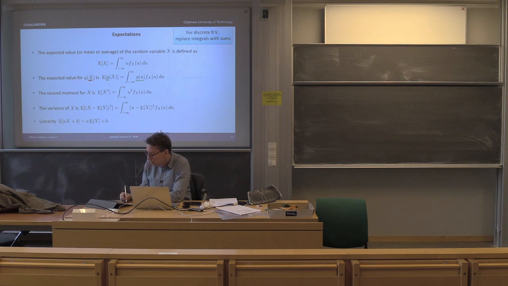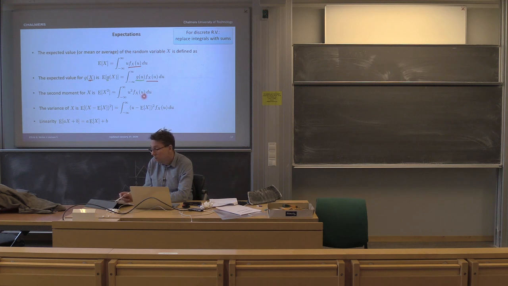We use the same PDF as we did up here. Okay. So that's the only difference. Then we can put in different functions here. So maybe we take the square. So g is the squaring function. Then we have E of x squared. And then, therefore, we put in u squared before the PDF when we integrate.